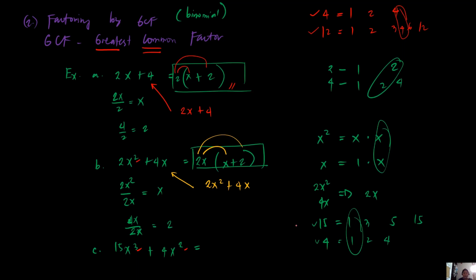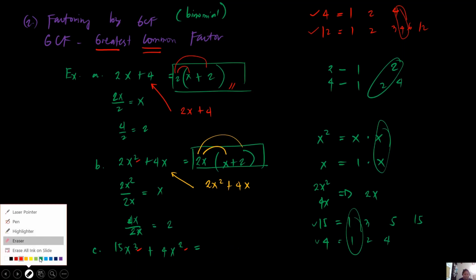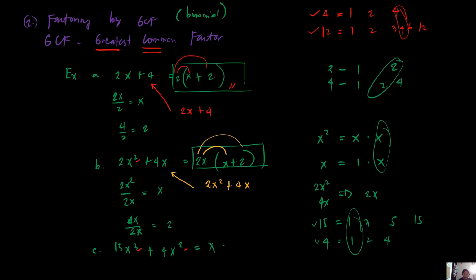Since our numerical coefficients have no greatest common factor except 1, they stay there. So only the variable is left, which is, the greatest common factor of x cubed and x squared is x. Okay? So x. What is left inside is 15x squared plus 4x.